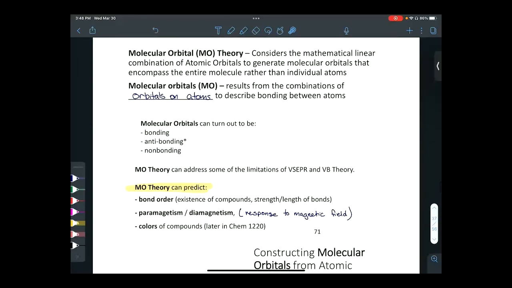Okay, what is MO theory? It is us finally recognizing that electrons are not only particles, but they are also waves that have wave functions. So as you can do with waves, when you add them together, they can add constructively or destructively.